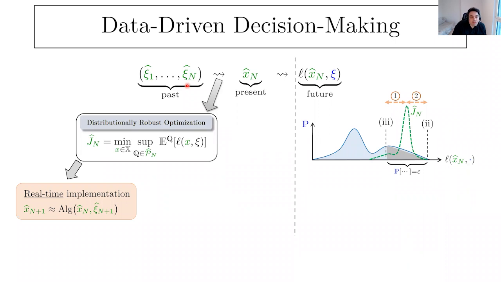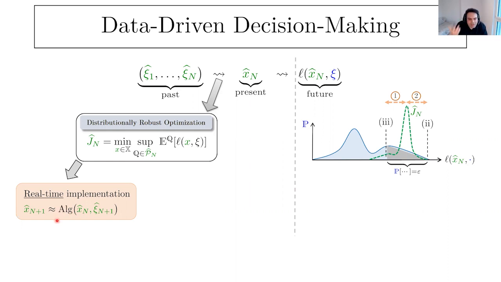So what people started thinking about is, can we have some sort of approximation from the current decision and the new data point in order to find the decision in the next step? That usually boils down to some optimization algorithm that you can solve in real time.